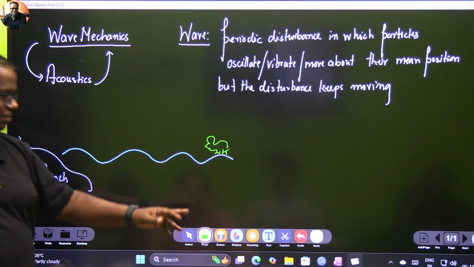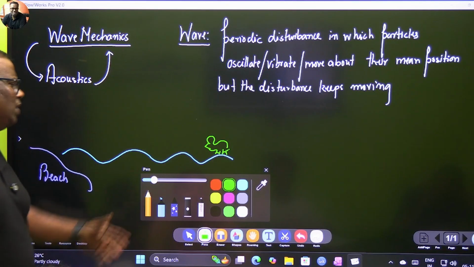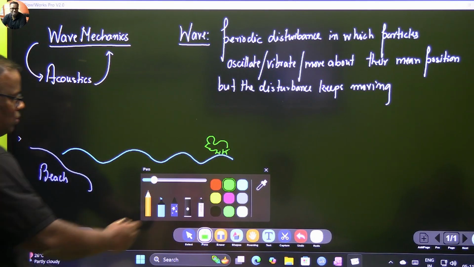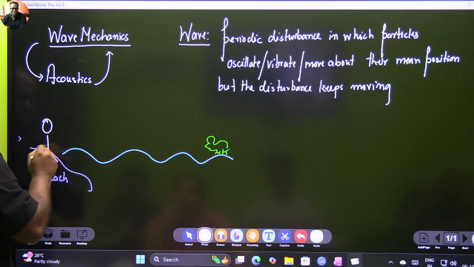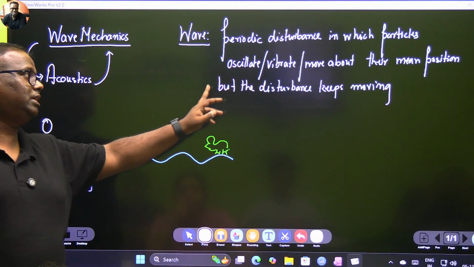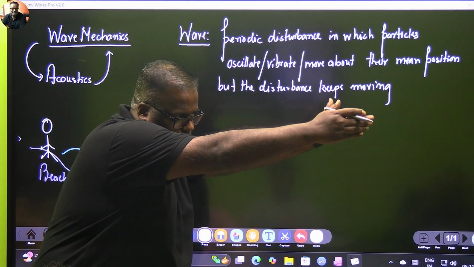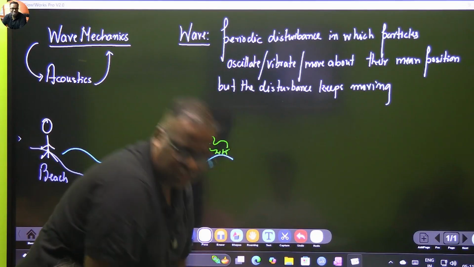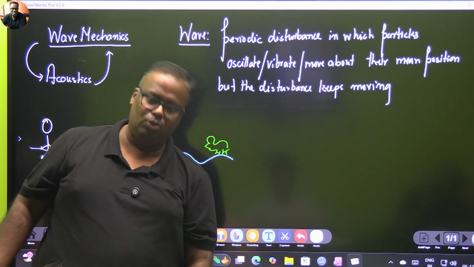Now, what I said, a wave is a periodic disturbance. You understand the water waves are coming, right? We are standing out here, and the water waves are coming, in which the particles oscillate. We feel that the water from far across from Gold Coast is coming and touching our legs. No, no. The water at our legs is there only.